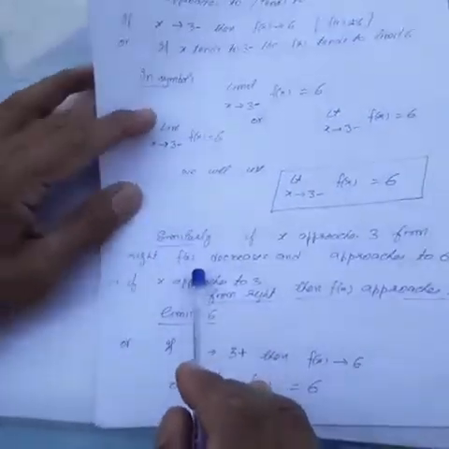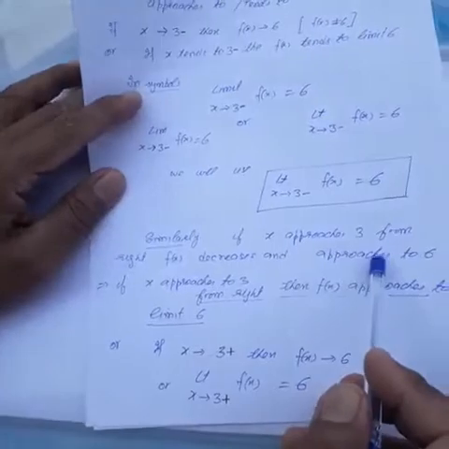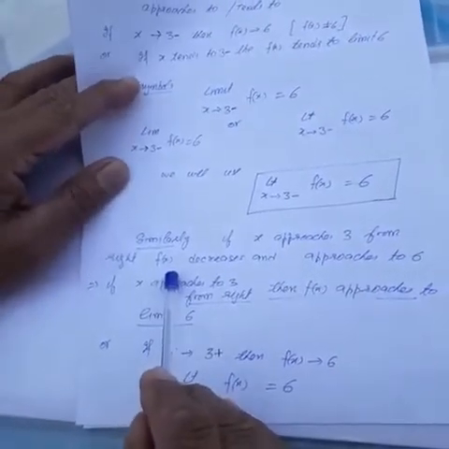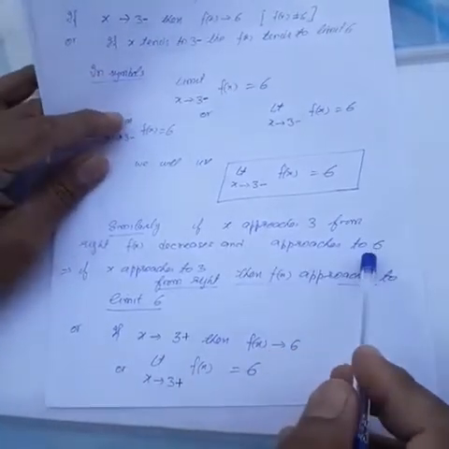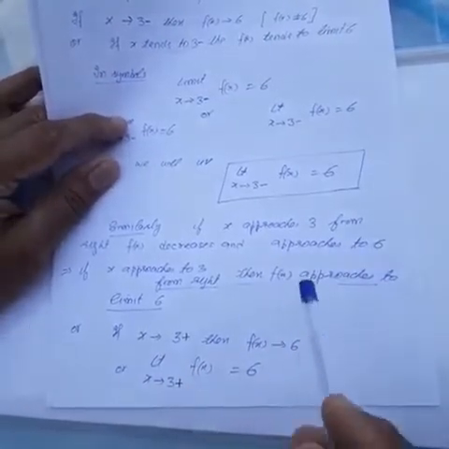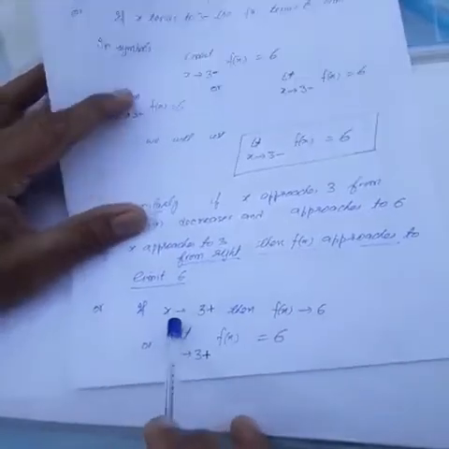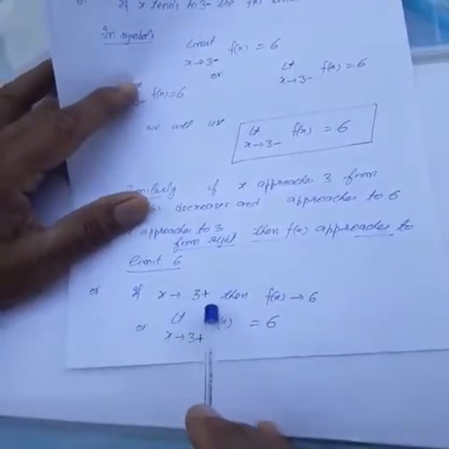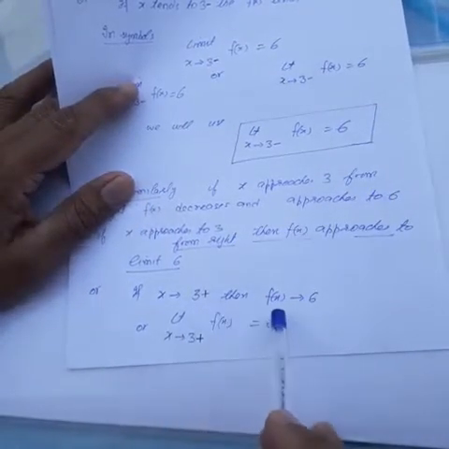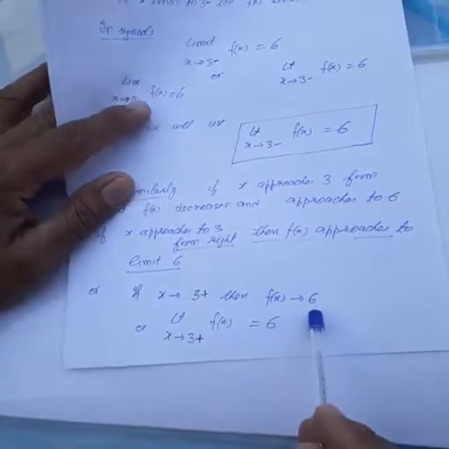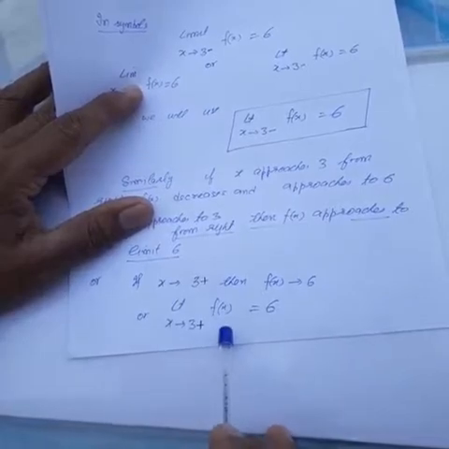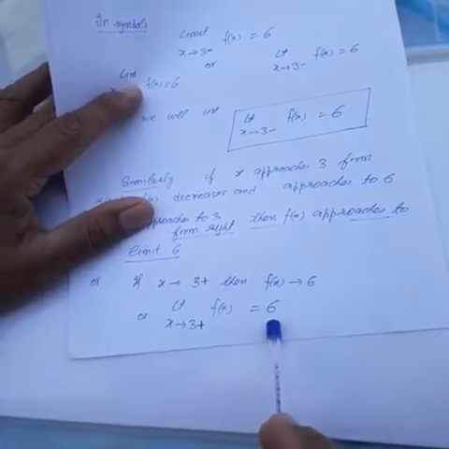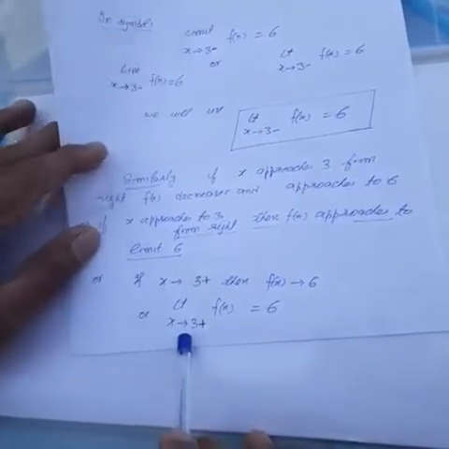Similarly, when x approaches 3 from right, f(x) decreases and approaches 6. In symbols, limit x tends to 3 plus of f(x) is equal to 6. This is called the right hand limit.